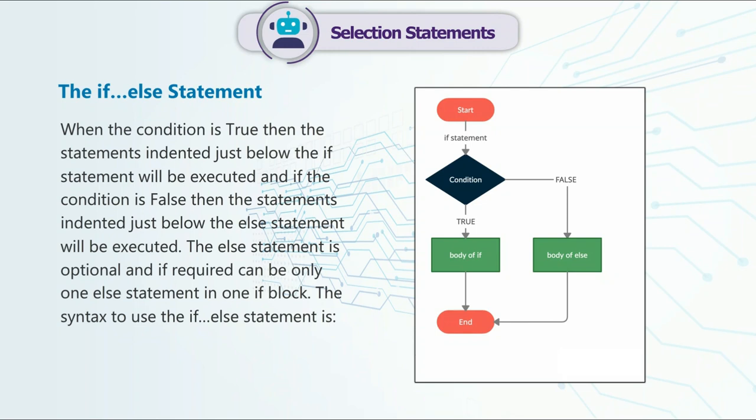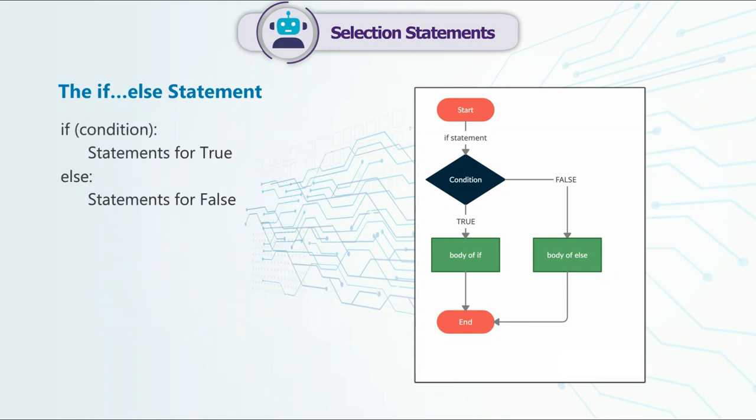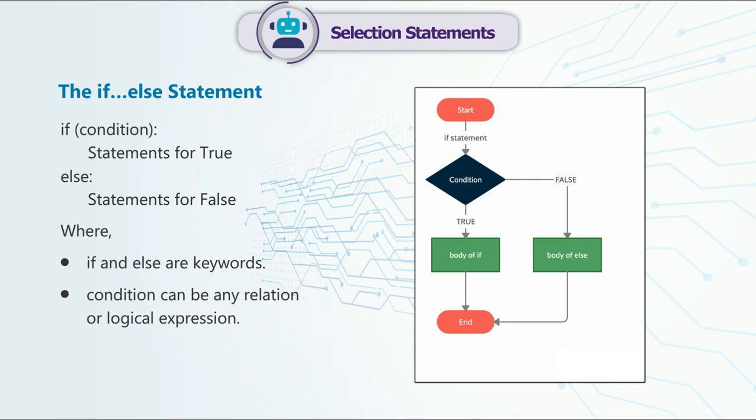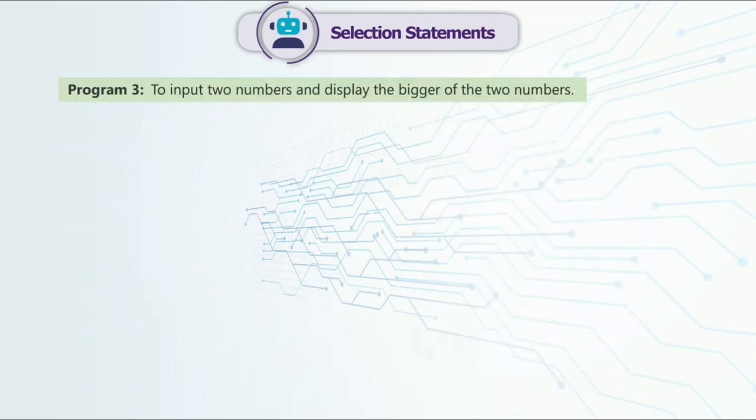The syntax to use the if-else statement is: if condition colon, statements for true, else, statements for false, where if and else are keywords. Condition can be any relational or logical expression. Statements are always indented and can be single or a block.